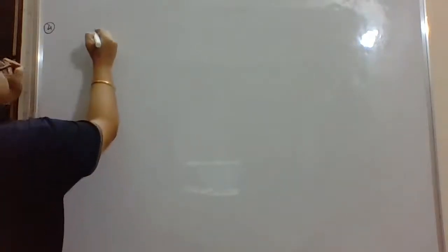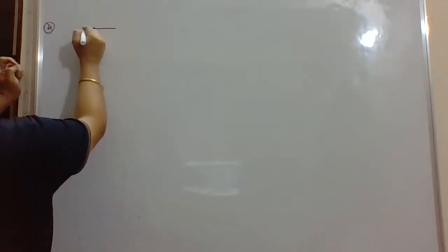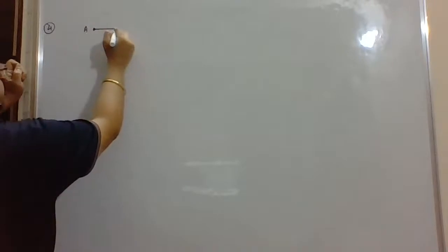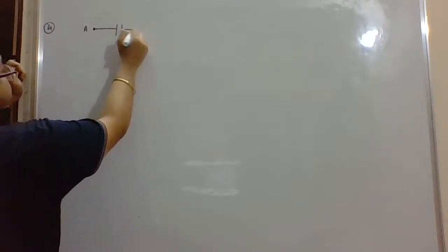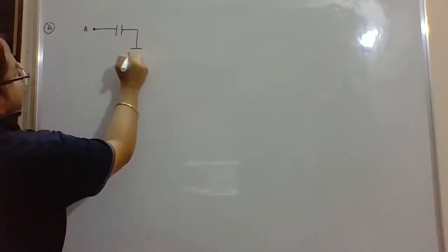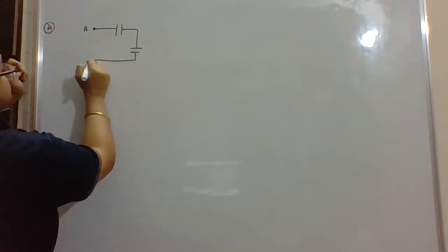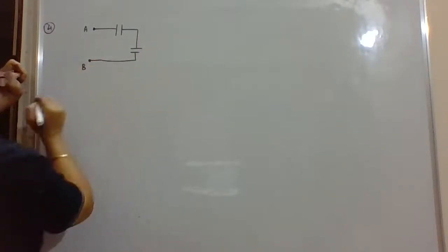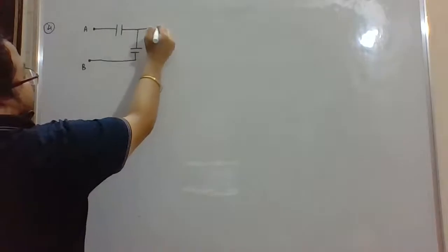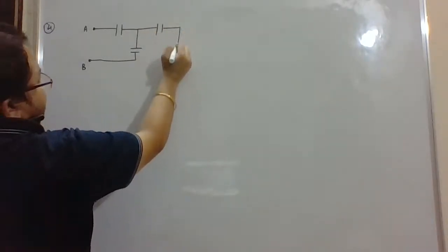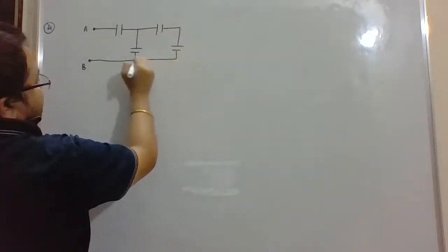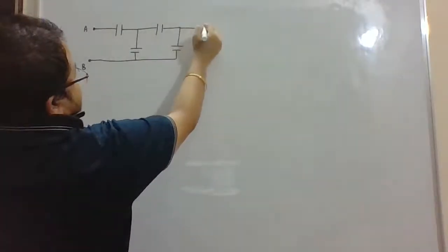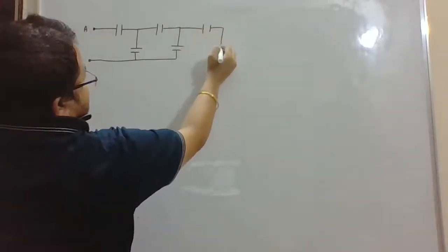Say this is point A. We have one capacitor here, one more capacitor here, and this is point B. We are repeating this series a few times, again we'll repeat it here.